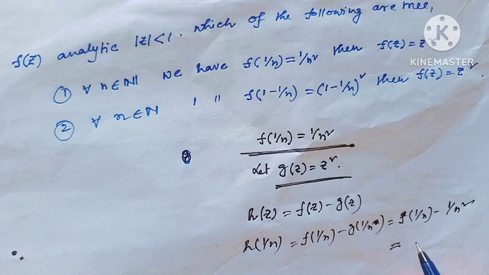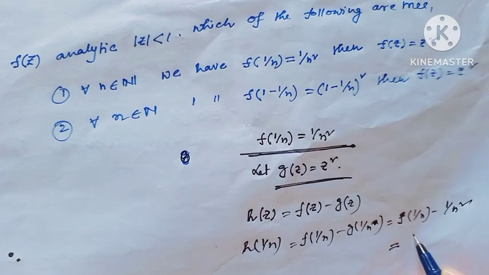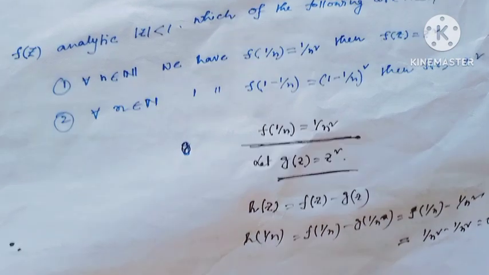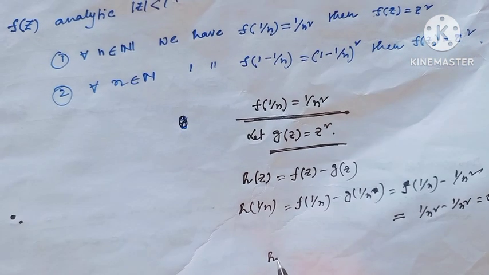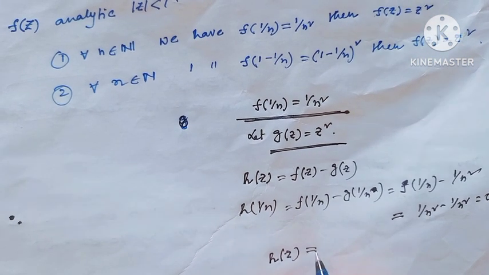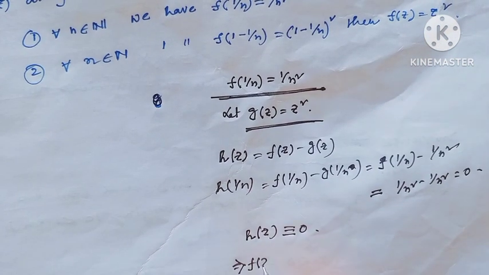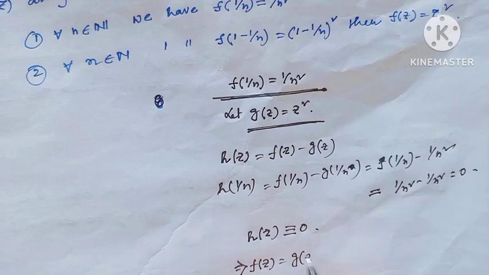So this value is obviously 1 over n square minus 1 over n square, which is obviously 0. So h(z) is identically 0. That means f(z) equal to g(z).